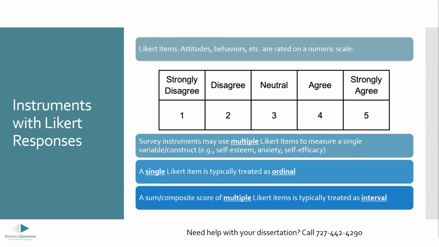And you may see instruments that don't just use one single Likert item to measure something, but rather they use multiple Likert items to measure a single variable or construct or concept. For instance, if you have something like the Rosenberg self-esteem scale, or the Beck anxiety inventory, or some kind of measure of self-efficacy, often these measures will not just have a single Likert item that measures that behavior, but rather it may be done across multiple Likert items.